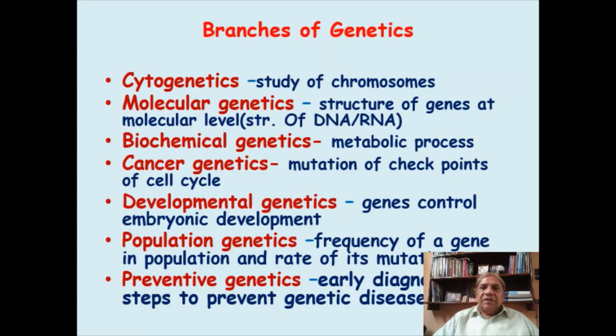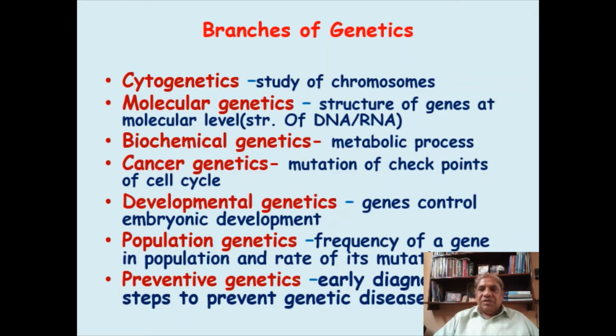Then comes another branch which is called molecular genetics. Molecular means the structure of a gene at the molecular level. Because the structure of a gene, as you know by this time, is that it is made up of the double helix of the DNA molecules. So it is at the level of the molecule. You cannot see these molecules or the structure of DNA by any means, not even by electron microscope.